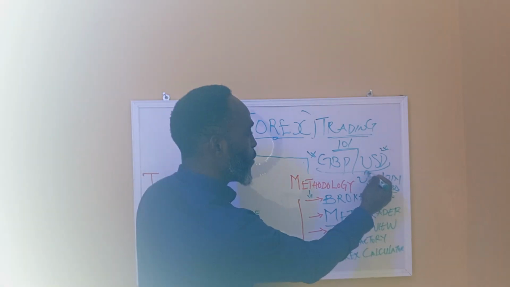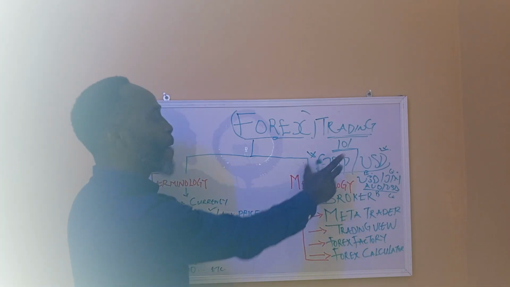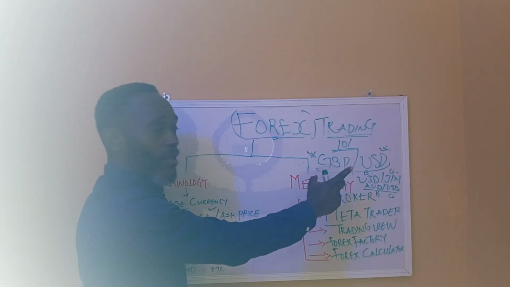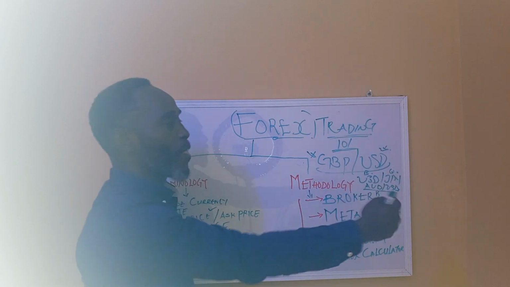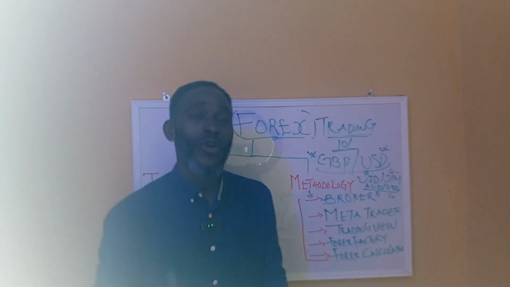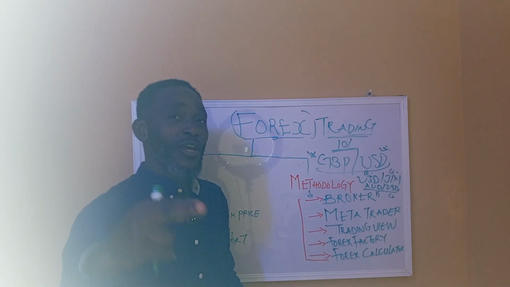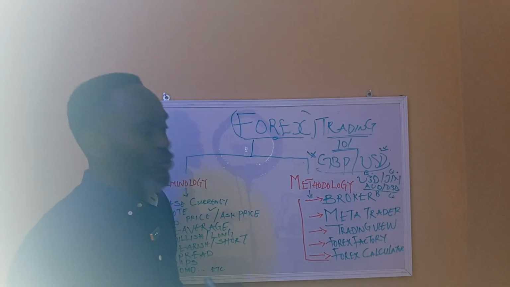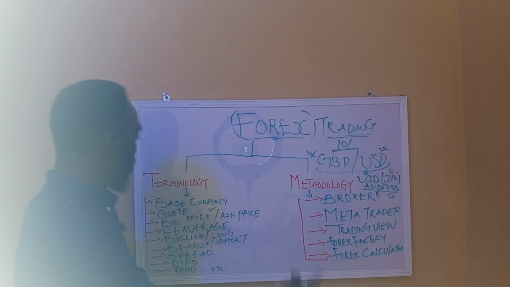Base currency is the one that appeared first, then the quote currency is the one that appeared after. That explains these two concepts. I want to be very straightforward in this video so you can catch it. If you want an in-depth knowledge about this, I treat this in my academy so that you can get a deeper understanding about what is called forex trading.